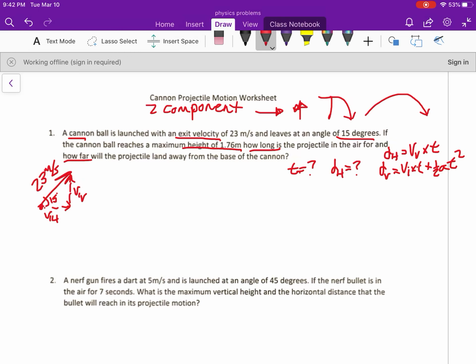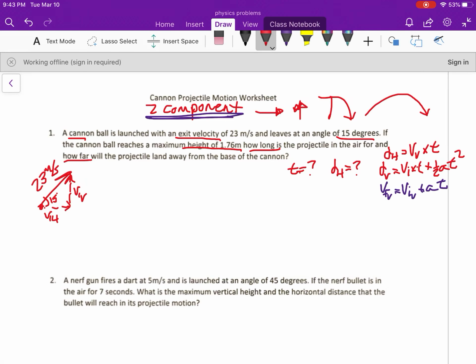And lastly, don't forget when we're dealing with two-component projectile motion, we have a third equation, which is velocity final in the vertical equals velocity initial in the vertical plus acceleration times time. Don't forget about that third equation.